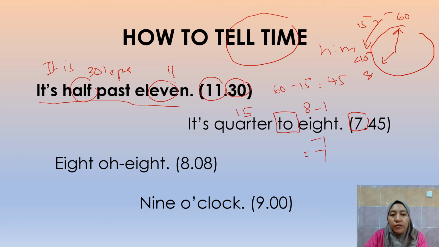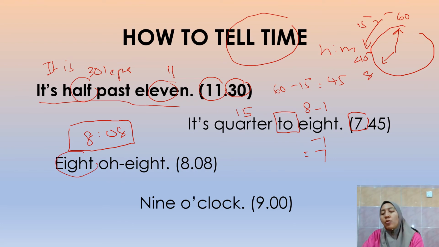Okay, and then 8:08. Selalunya for digital clock, tadi kita dah belajarkan digital clock. Okay, so digital clock dia akan berbentuk numbers kan. Senang, 8:08. So ni senang, simple, digital. 8:08 maksudnya 8 minit.